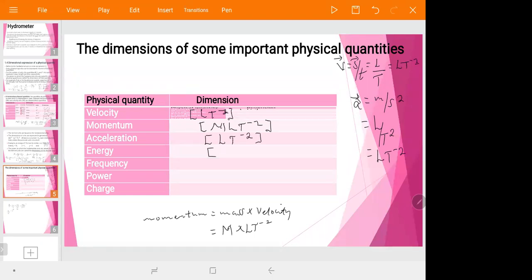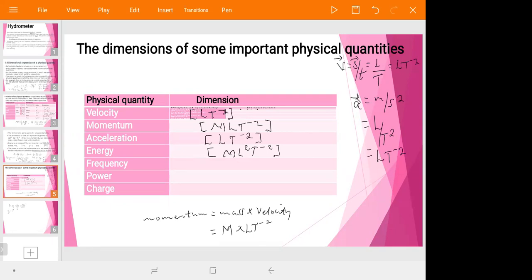We have done it above: ML squared T minus 2. L has a power of 2 and T has a power of minus 2. This is the dimension of energy.